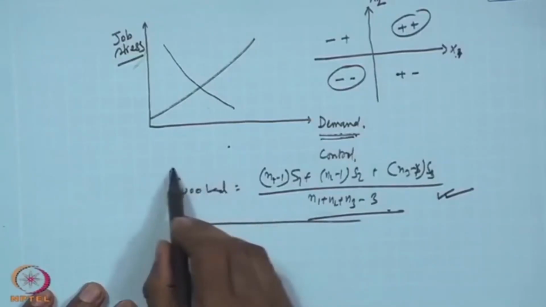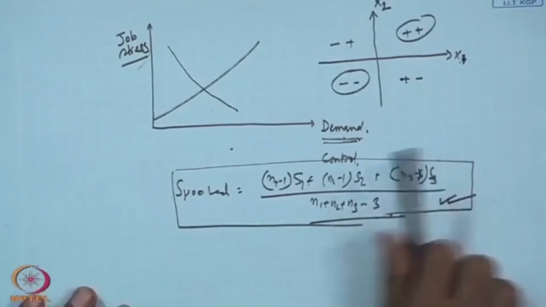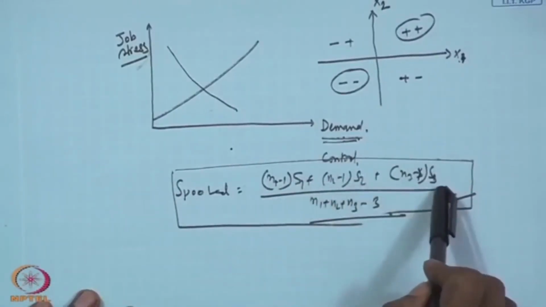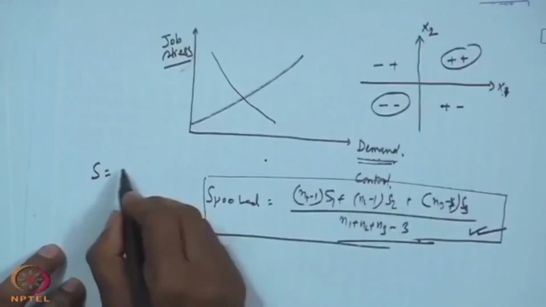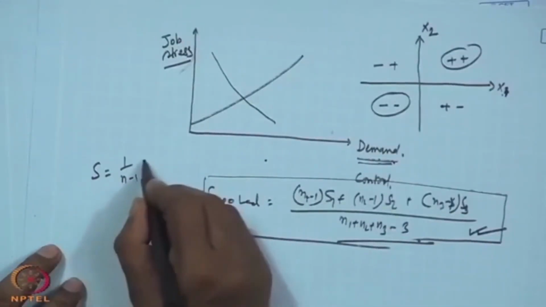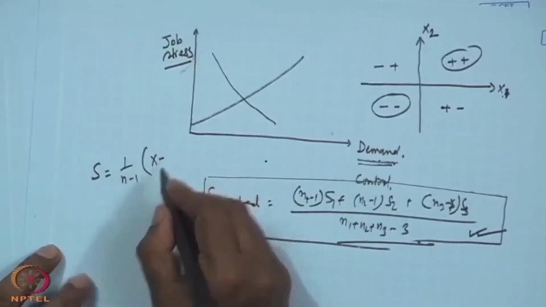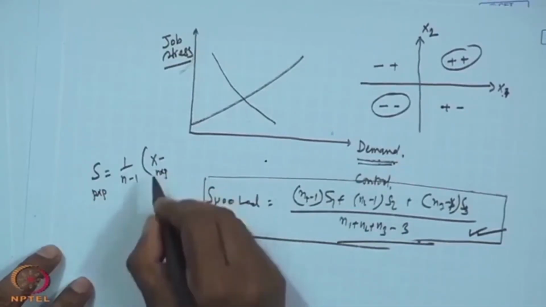Using this formula we have calculated SP. And S1, S2 and S3 are also computed. So, what will be the S calculation? 1 by n minus 1, then x minus, what is this? S will be p cross p, x is n cross p.